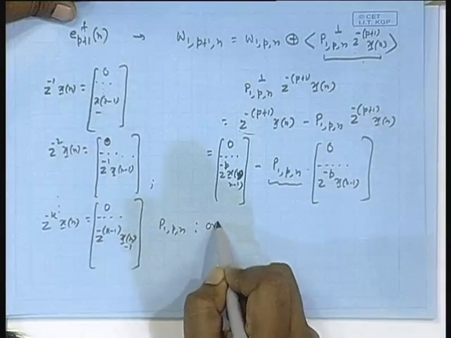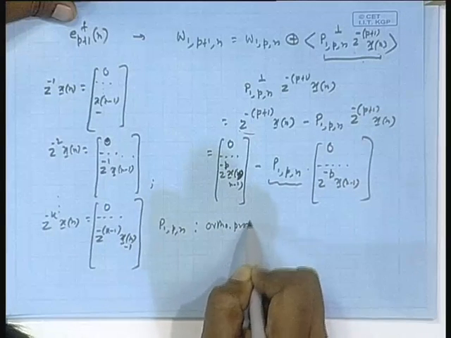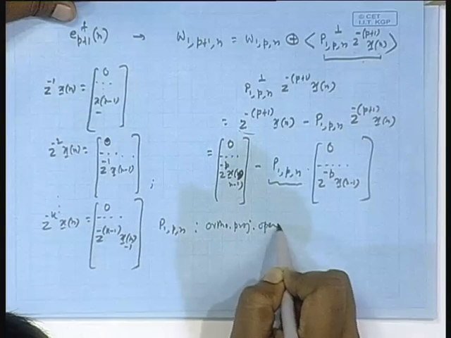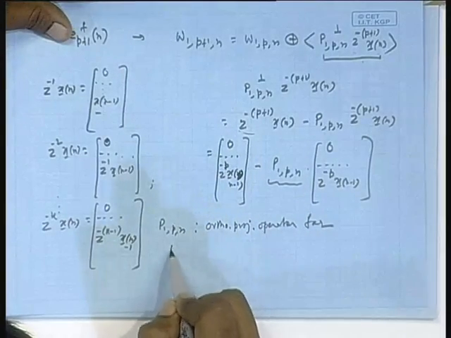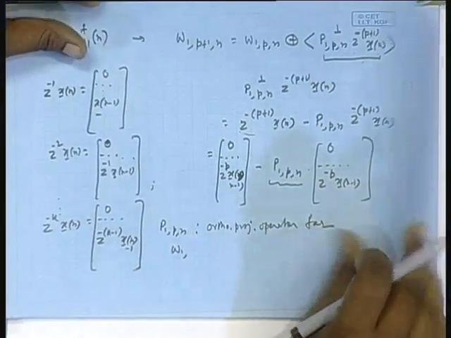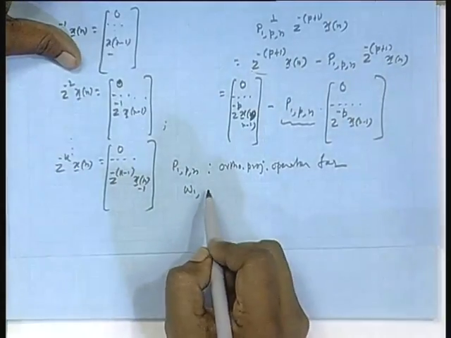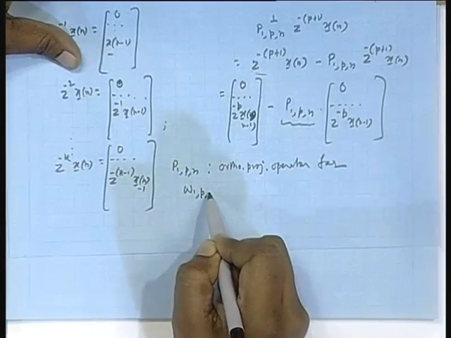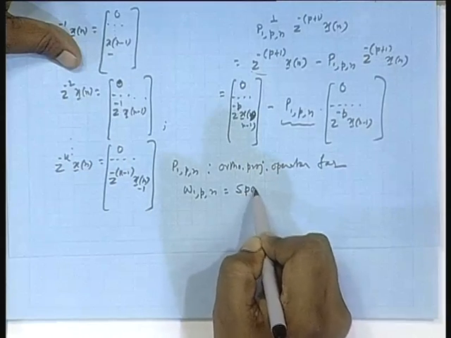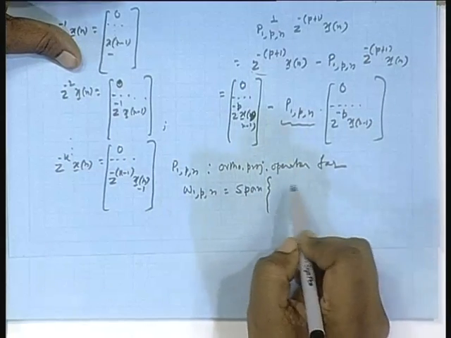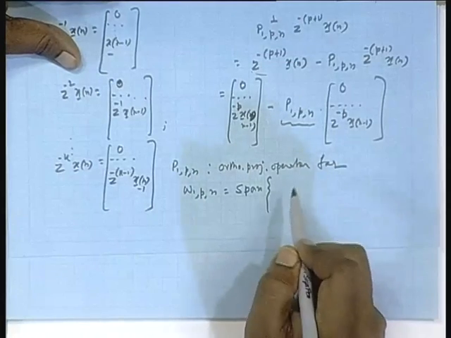This is the orthogonal projection operator for W1 p n, that is span of what?